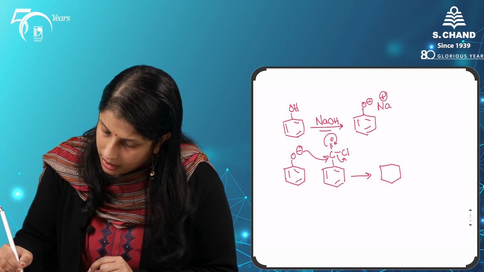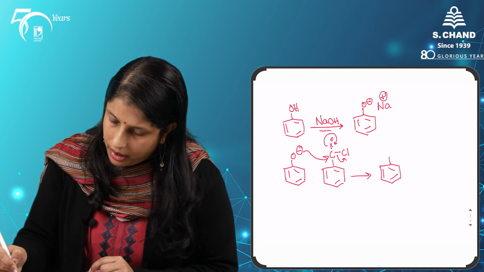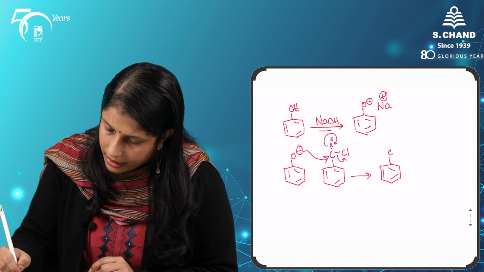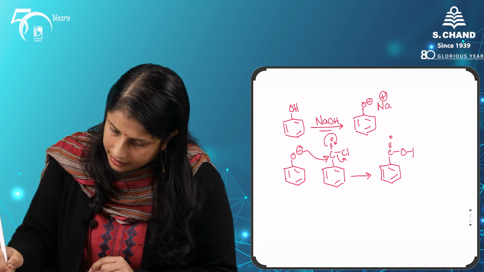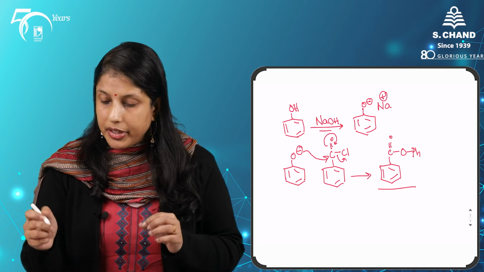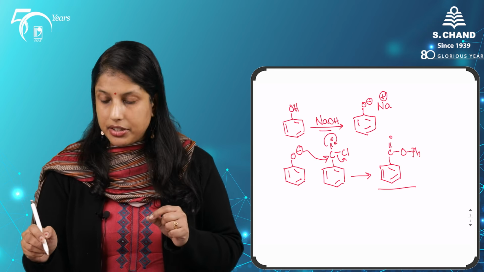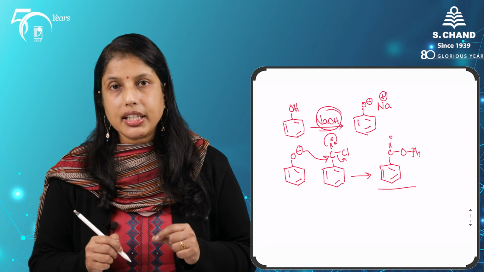So with the loss of the chloride anion, we end up getting our phenyl benzoate. It is important here that we maintain the alkalinity of this reaction with this freshly prepared sodium hydroxide solution. The completion of the reaction is usually characterized with the disappearance in the smell of benzoyl chloride.